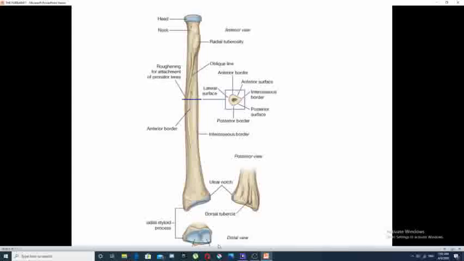Another facet is present on its medial surface, which is called the ulnar notch, and this notch is actually an articular facet between the radius and the ulna to form the distal radio-ulnar joint.